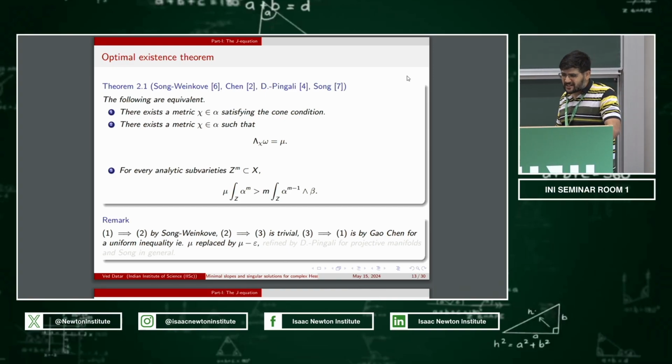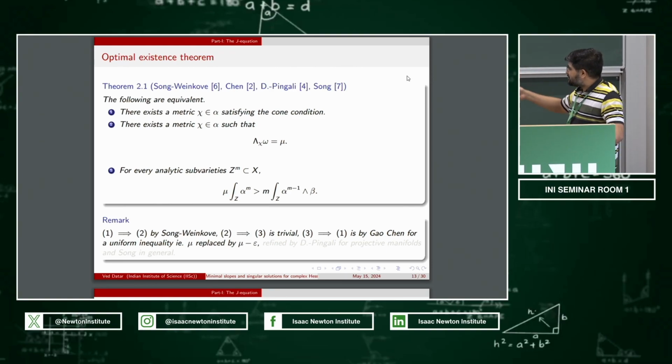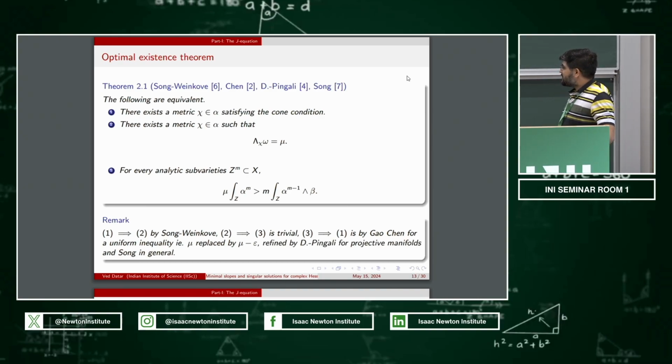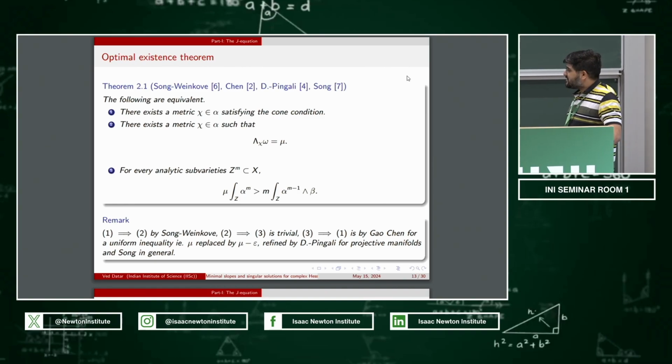So you assume something slightly stronger, and then you prove existence. But of course, the key role in this development is played by his paper. And then in collaboration with my colleague Vamsi Pingali, we were able to prove the original Lejmi-Székelyhidi conjecture in the projective case, and then Song proved this in general.